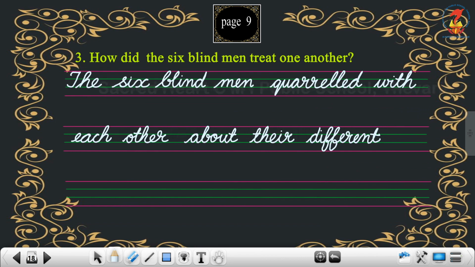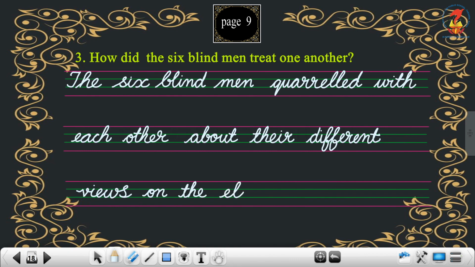About their different views. See how I am writing V, I, E, W, S. Views on the elephant. O, N, on. The elephant.